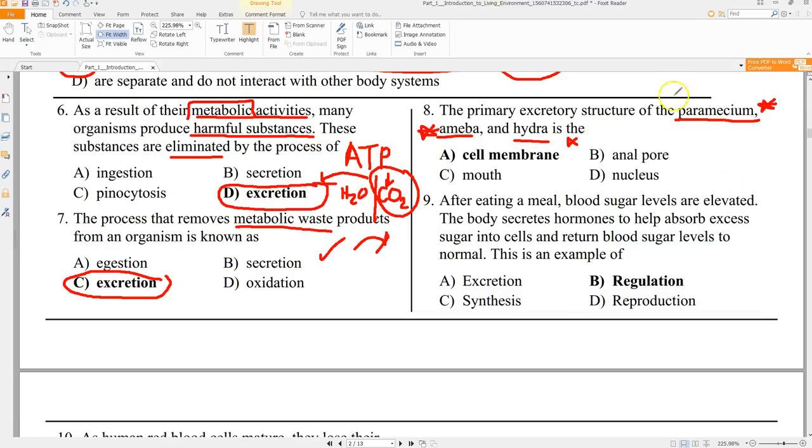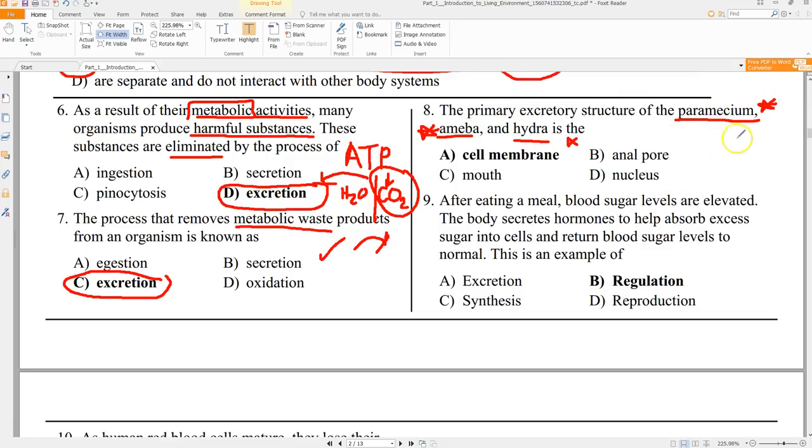They're one-celled organisms. They don't have a respiratory system, a muscular system, or a nervous system. They don't have a brain like we do. We're multicellular, but these are one-celled organisms.